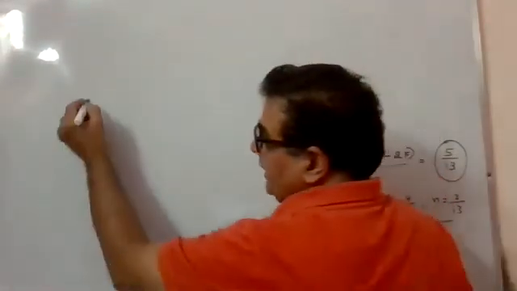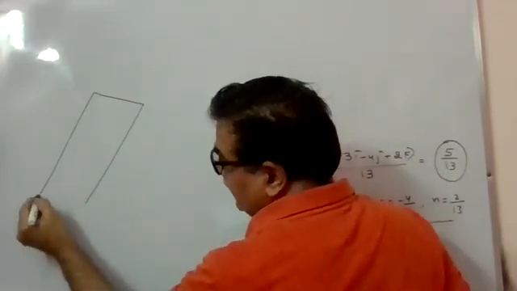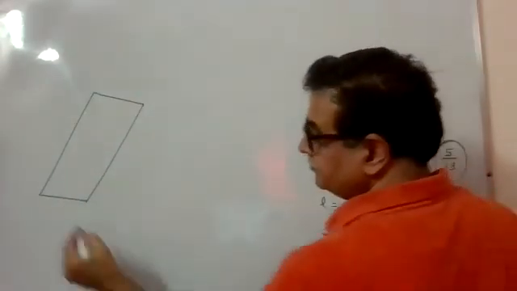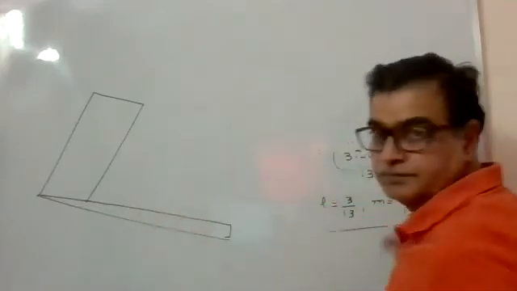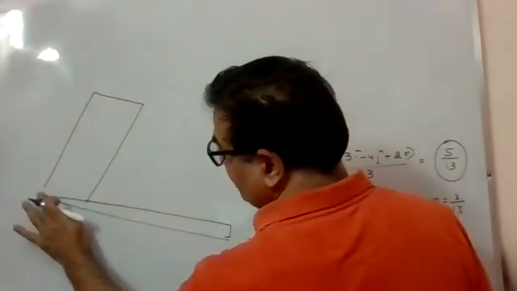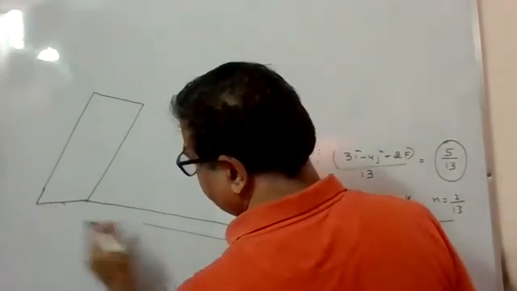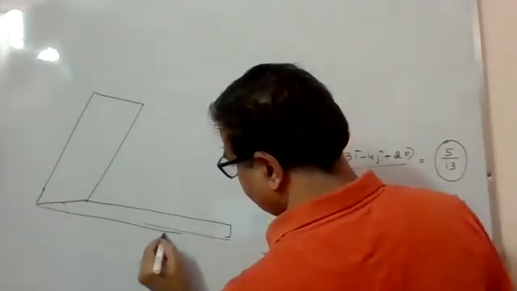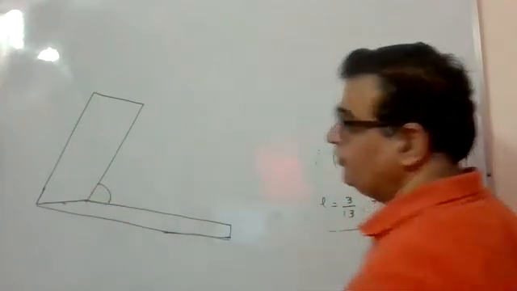If we have two planes, this is one plane and this is the second plane, and my question is, what is the angle between them? That means this angle we want.